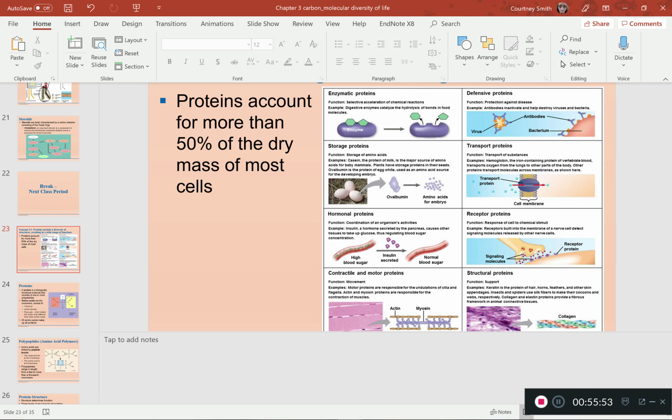So just know that proteins are involved in enzymatic reactions, they help produce antibodies, they help with cellular transport, and they also help with muscle movement, and specifically with muscle movement, it involves actin and myosin. These are 2 protein structures along our muscle fibers, and they actually contract and help our muscles move. So those are just some big ones.